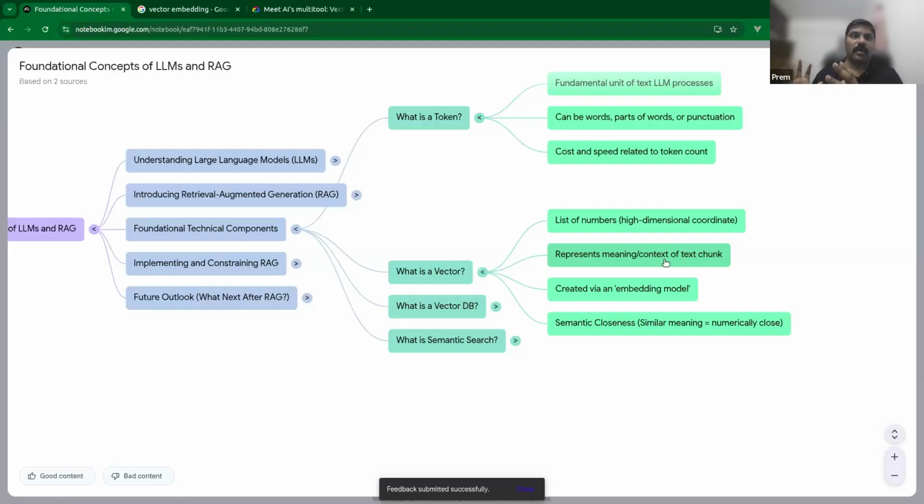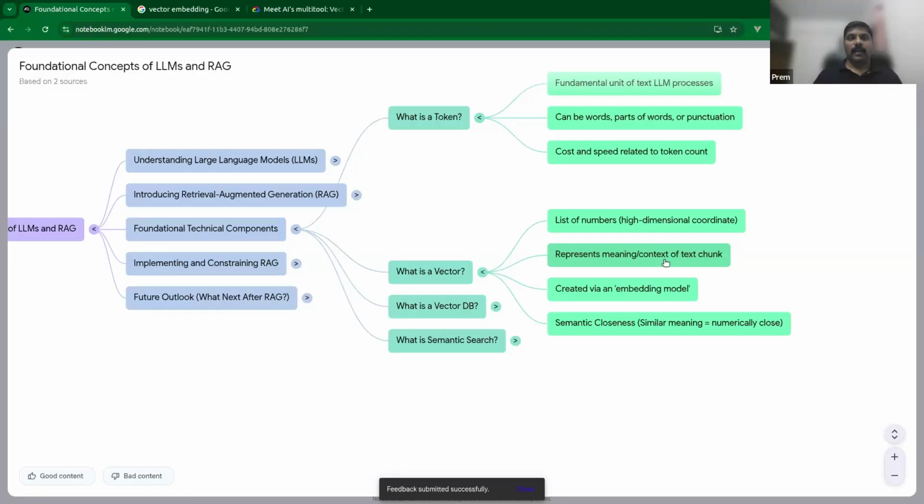So that is what a vector is. The amount of bytes is not going to change just because your data is changing. It is still going to be that 1000 by 1000 dimension, right? So any amount of text that you put is going to be 1 MB. So every record is 1 MB. I'm just giving a ballpark figure. It can be more or less than that, depending on the dimensions.